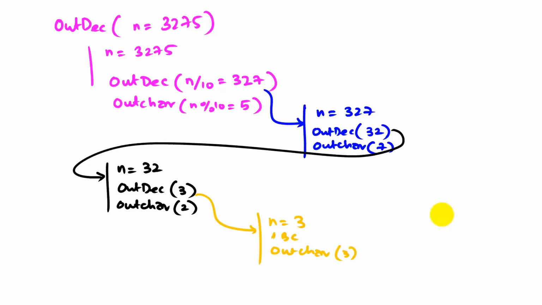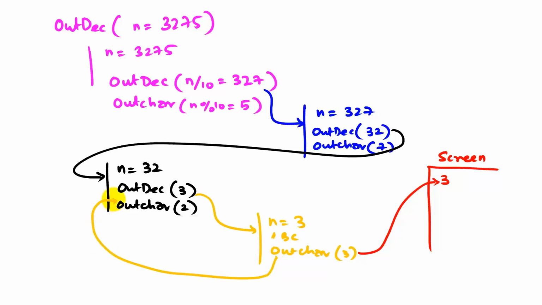So what will I see on the screen? I will see the number 3 on the screen because that's what that guy does. And so once I do that, the control is going to return back to this line because that's where I am. And so this line executes now, and so I get a 2 out.